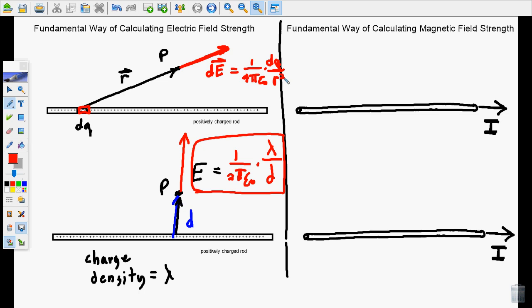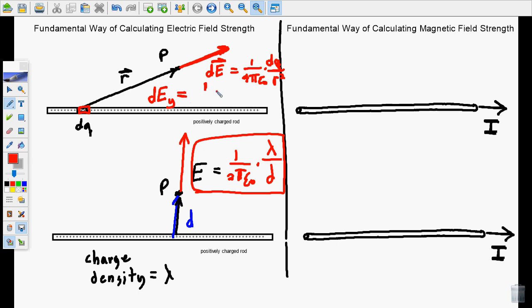But when push came to shove, we know we really wanted to add up all the y components, and all the y components end up being equal to, well, you tell me. James? That expression times sine theta.